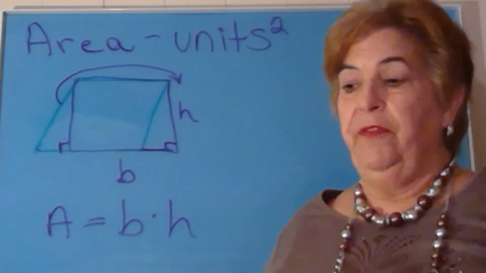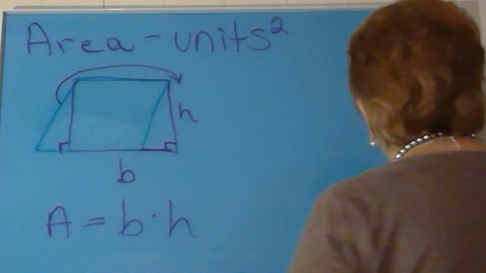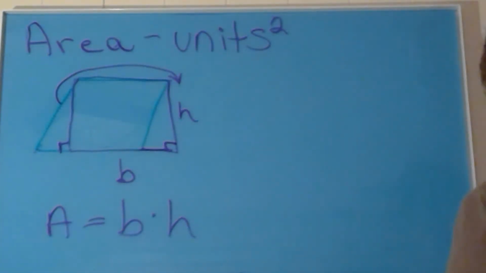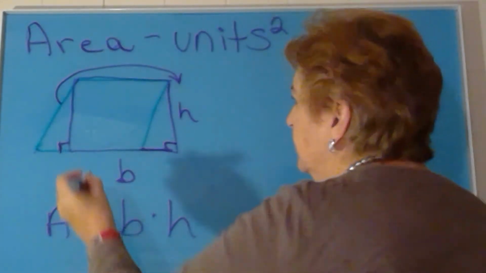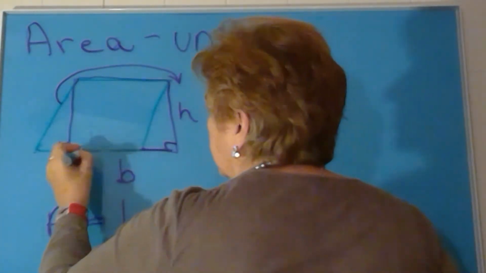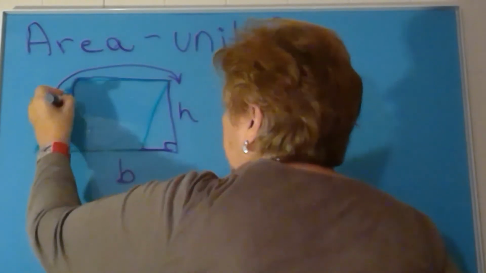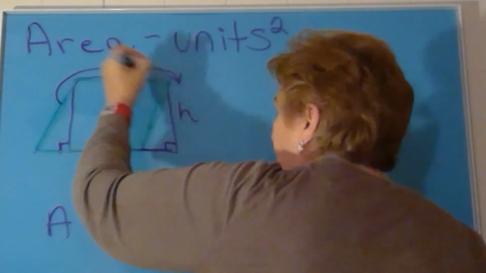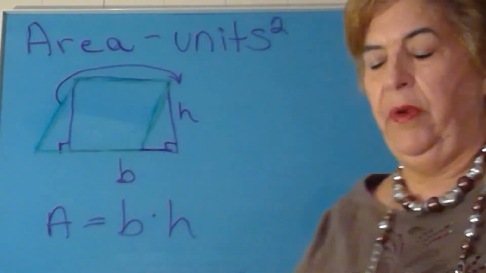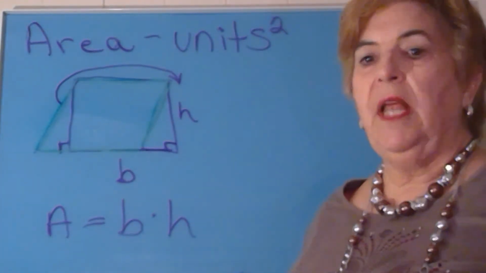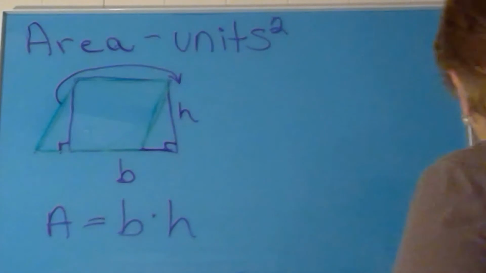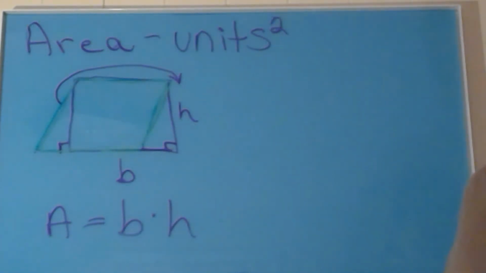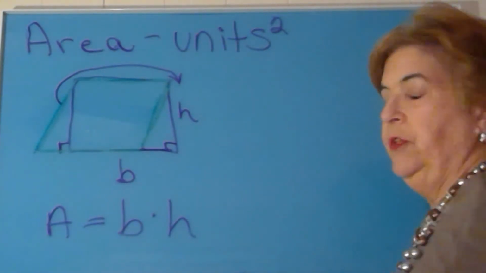However, if you look at the original parallelogram, the height was drawn right there. The height was not a side of the parallelogram. Just like with many triangles, the height is drawn perpendicular to a side.